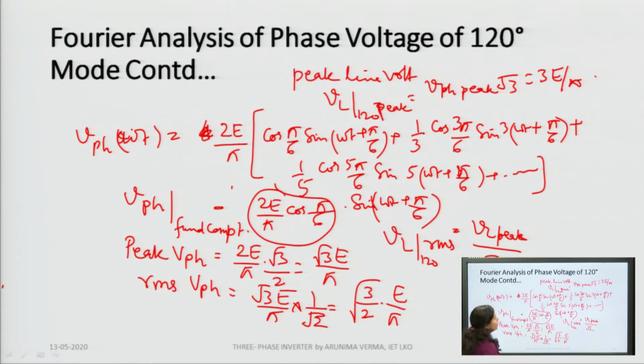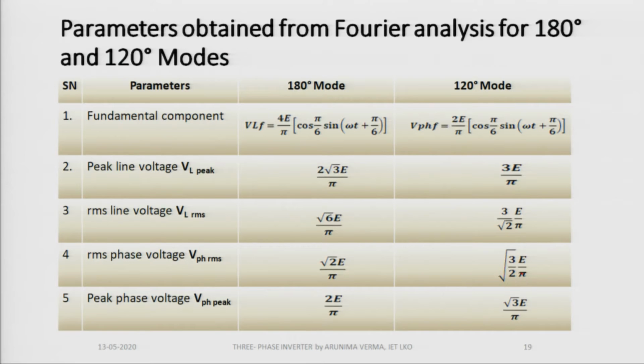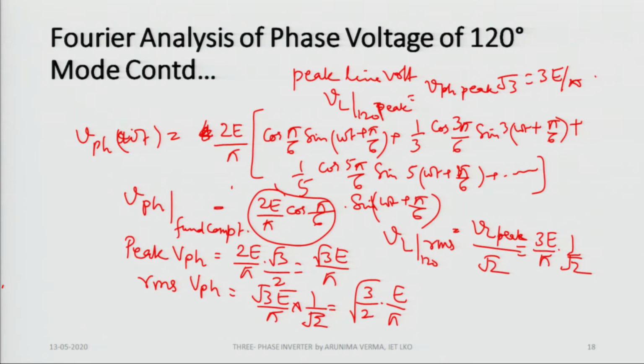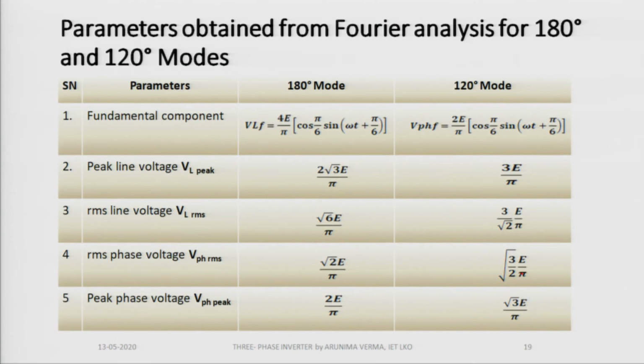VL peak is 3 E by pi, into 1 upon root 2. As you can see, the same has been tabulated, which I have shown you here with the calculation of Fourier analysis. The same has been calculated and tabulated in the form of 120 degree mode and 180 degree mode.